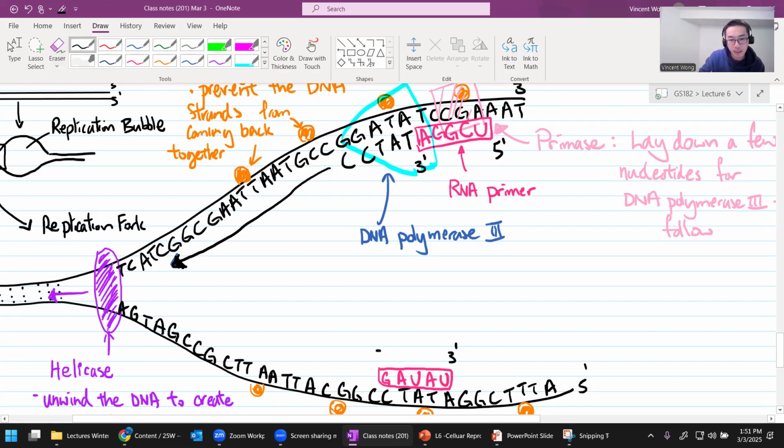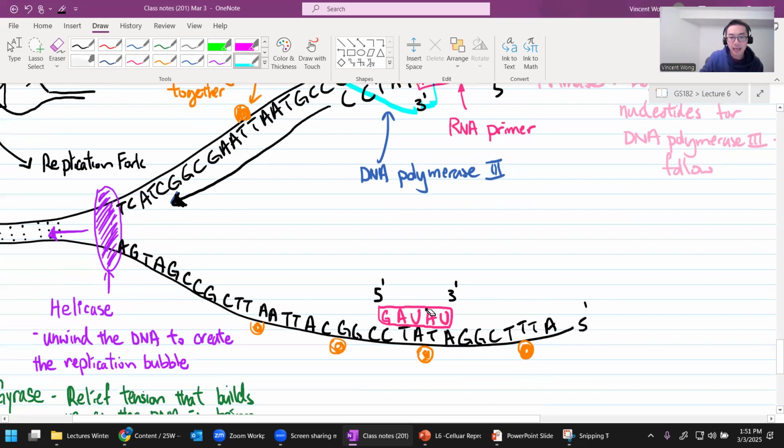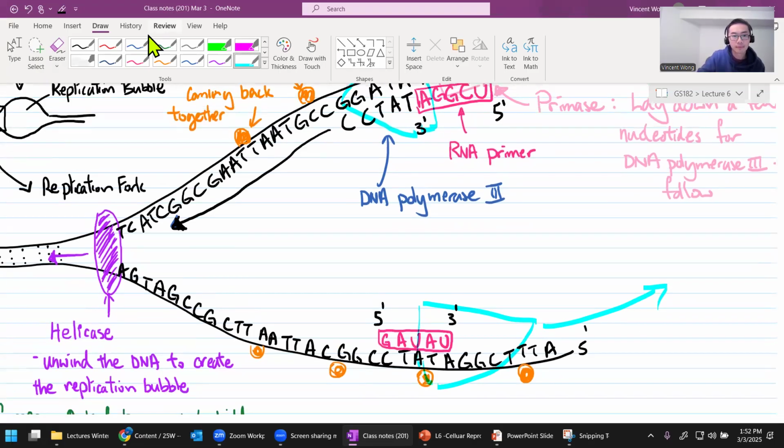So that's 3 prime, and that is 5 prime. And when the polymerase 3 comes, it's going to go this way. It's going to build in the 5 prime to 3 prime direction on the new strand. There is a GGC here, so the new one would be CCG, A, and T. And then it's just going to keep on going, no problem.